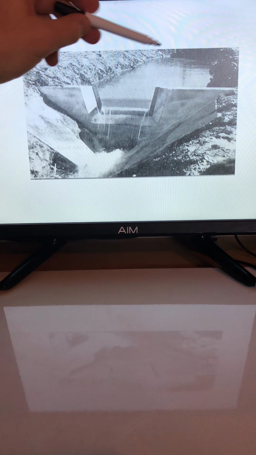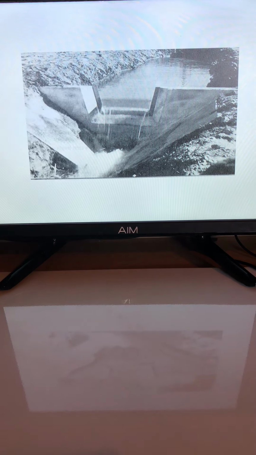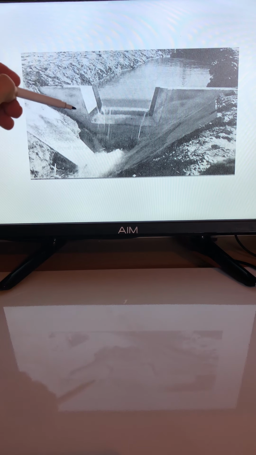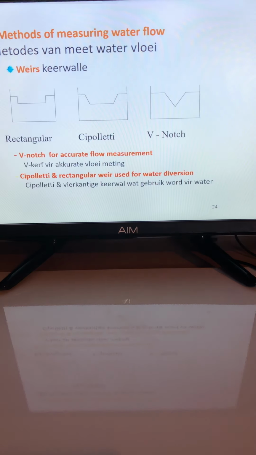The water will flow down in this direction, and in the river or the canal there'll be a structure like this in the way of the flow of water, perpendicular to the direction in which the water moves. This is helpful for a number of reasons, one of them being measuring the flow rate, or the rate at which the water is moving.